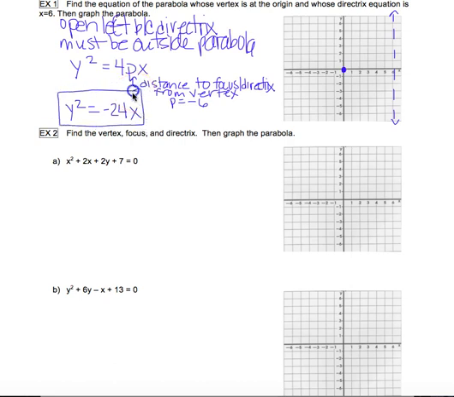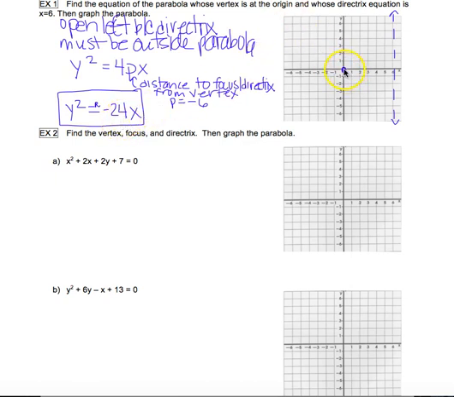Then it asks us to graph the parabola. So where it said absolute value of 4p is the focal distance, what that tells us is that the width of the parabola at the focus is 24 units.